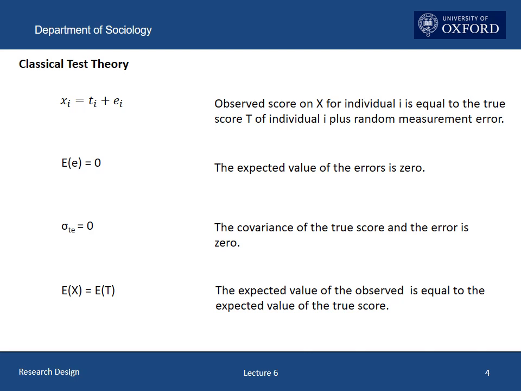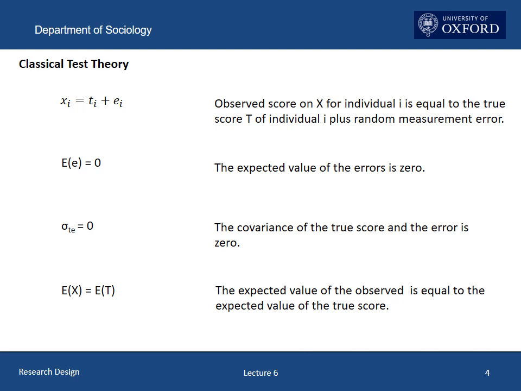We also assume that the covariance of the true scores and the error is 0. Another way of putting that is to say that if you knew an individual's true score, it would not help you to predict the sign or the magnitude in the error component of their observed score.